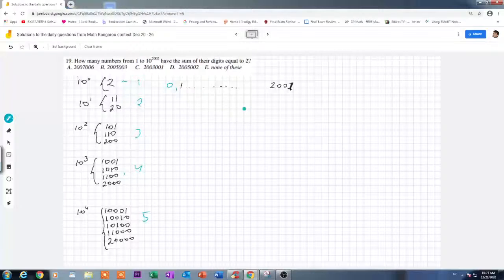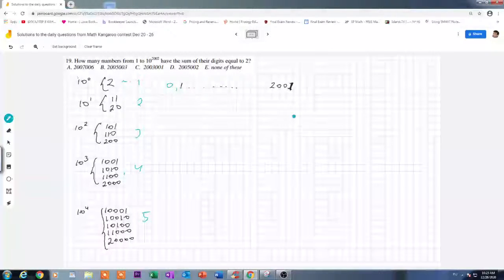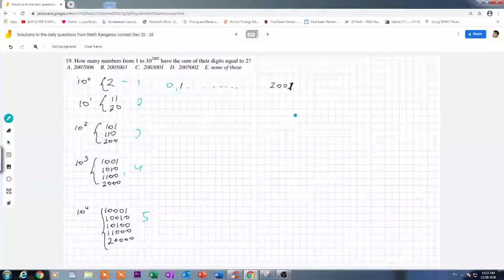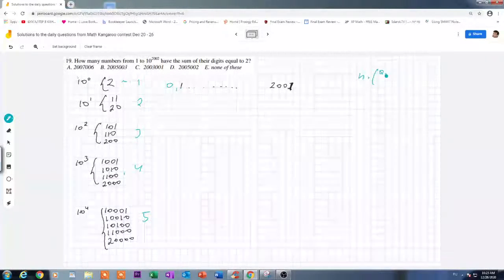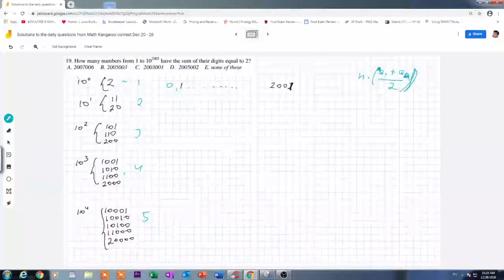So we have an arithmetic sequence here. To find the sum of an arithmetic sequence, let's try to remember the formula. It's n times a1 plus an, divided by 2, right?